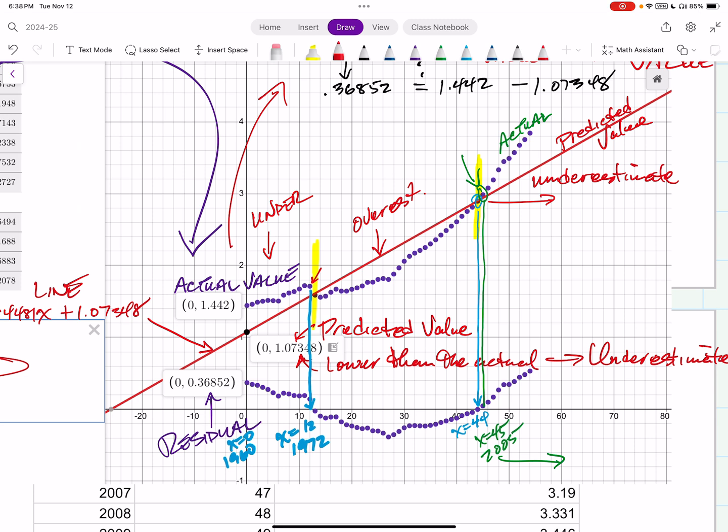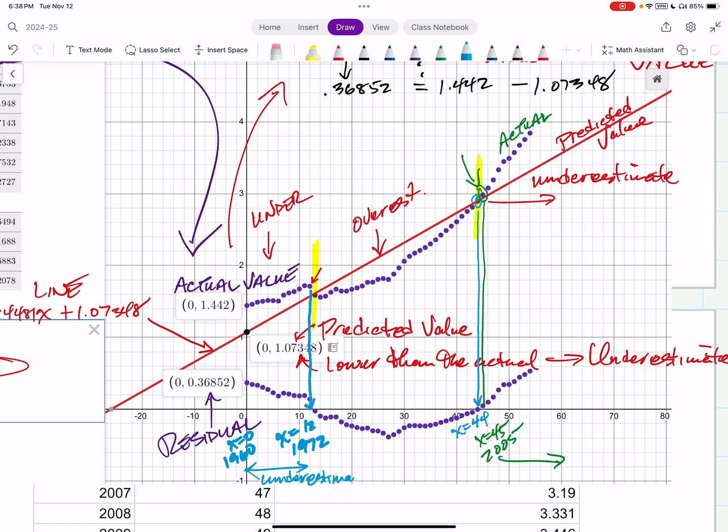Come on, Aynesworth is right here. So when the predicted value is less than the actual, it's an underestimate. When the predicted value is greater than the actual, it's an overestimate. And when the predicted value is less than the actual value, which it is between 0 and 12, or between 1960 and 1972, like in this right here, we have an underestimate.